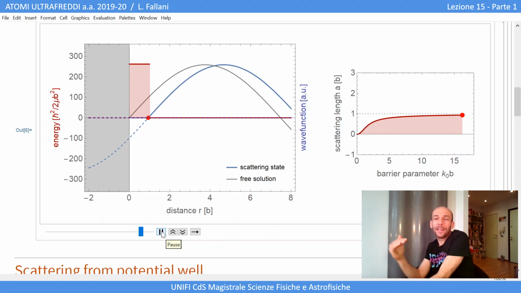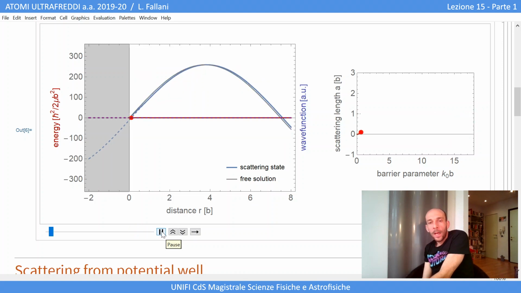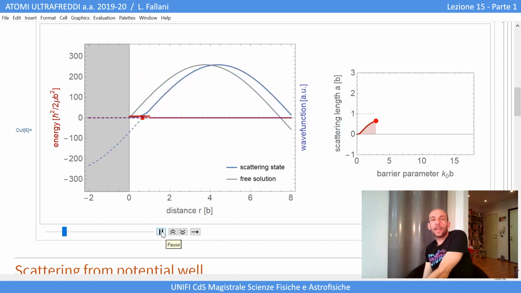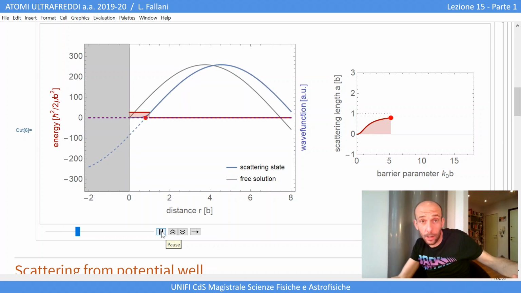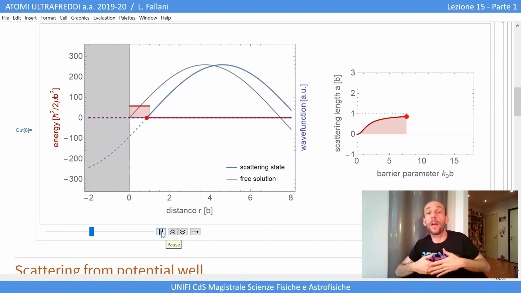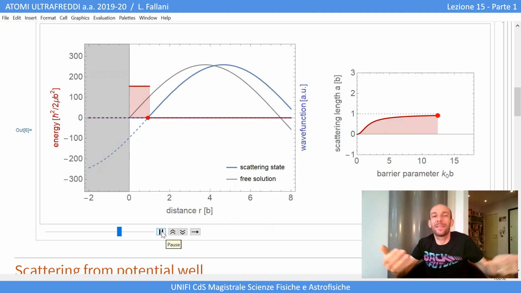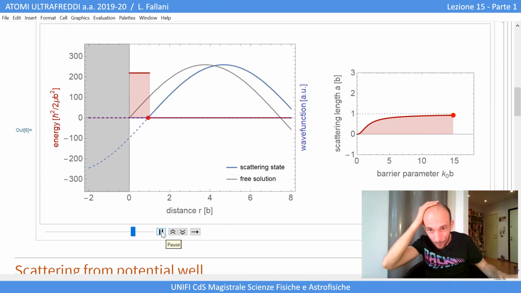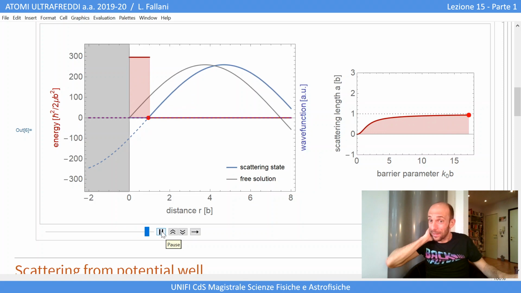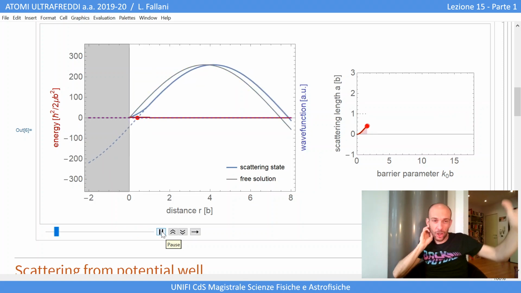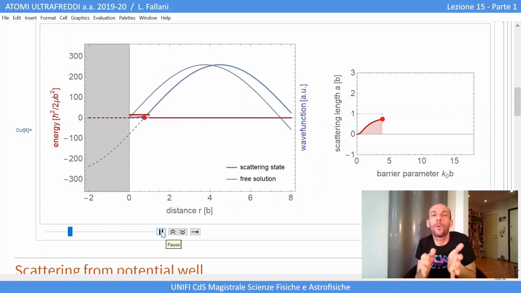So the scattering length is a function of k0b. And so you see this function that starts from 0. And of course, it has to start from 0, because if you don't have any barrier, the scattering state is the free solution. And instead, in the case of very large barriers, the scattering length corresponds to the size of the barrier.